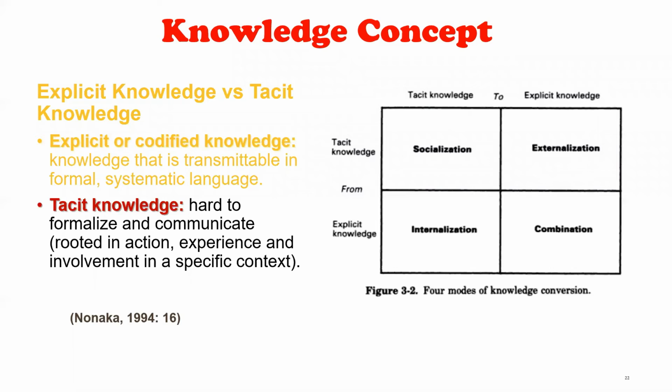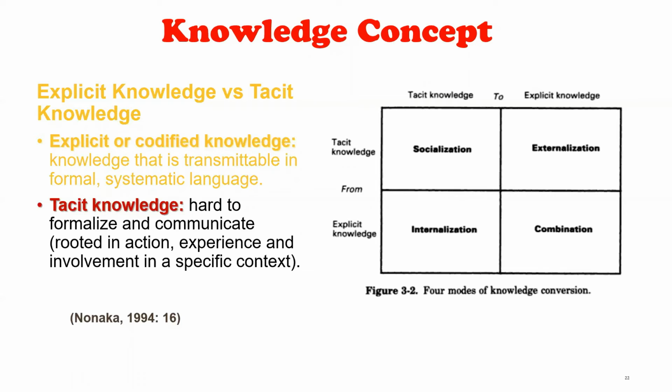Tacit knowledge is very hard to formalize and communicate, rooted in action, experience, and involvement in a specific context. So I am giving you a lecture right now, and when I record this lecture, it becomes codified knowledge. It becomes explicit knowledge. But if I don't record it using technology, then the way I explain to you, or converse, telling you, all becomes tacit knowledge.